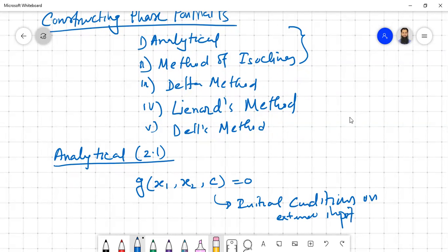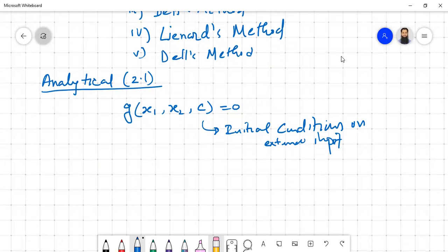So don't get confused: x1 can be your x and x2 can be your x dot, or it can be x and this can be y as well. Different notations are possible. The bottom line is that the time variable has to be eliminated from the equation.